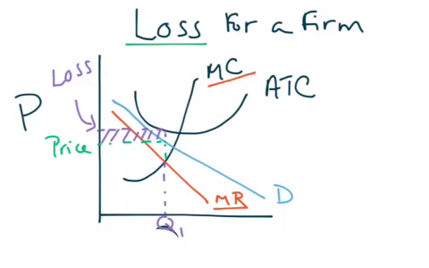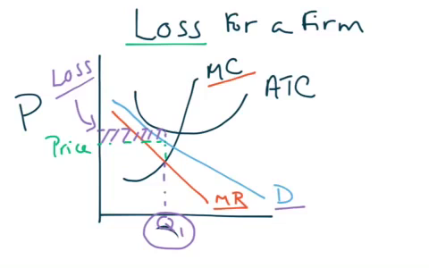Okay, to recap there, the page disappeared for a second. What we're seeing in the purple is the loss that this firm is experiencing at this level of production, based on the price that they can charge due to the demand curve. And for this company, it's a loss.